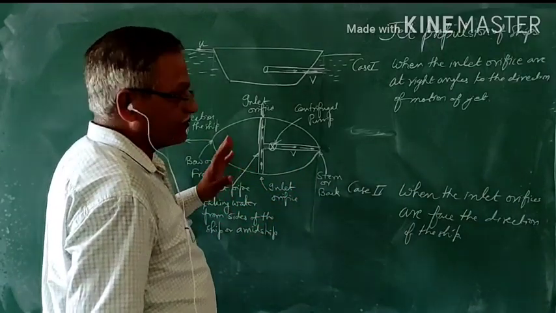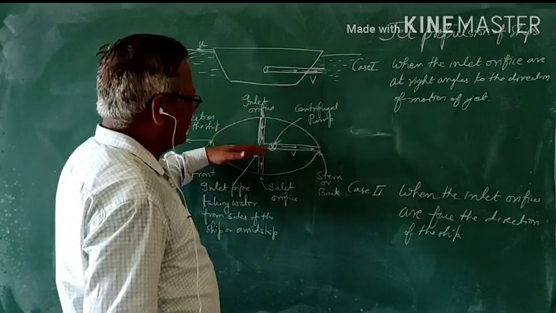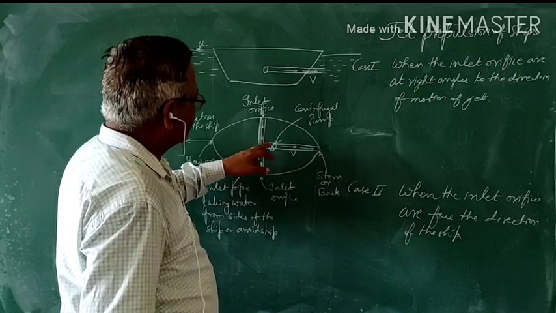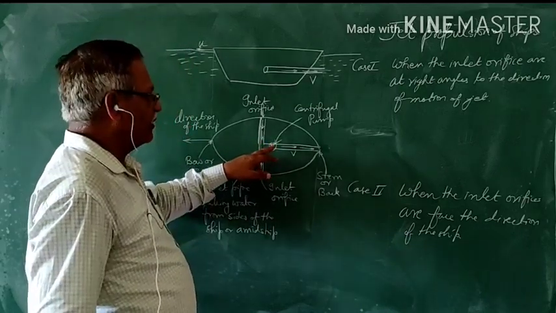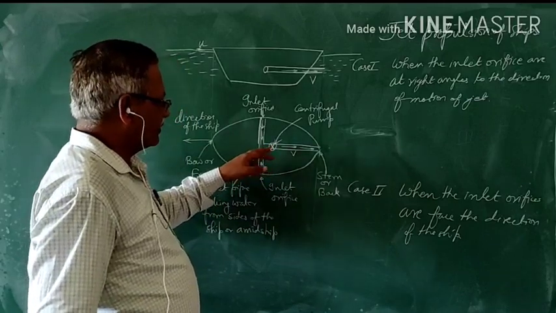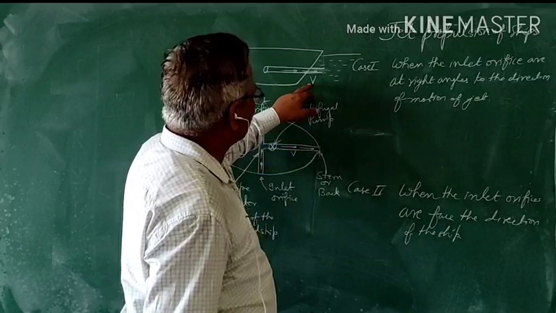In this case, we take the water from the sea through these pipes, the inlet orifice, and then we put a centrifugal pump here, which increases the kinetic energy of the water and injects it into the water with a high velocity.